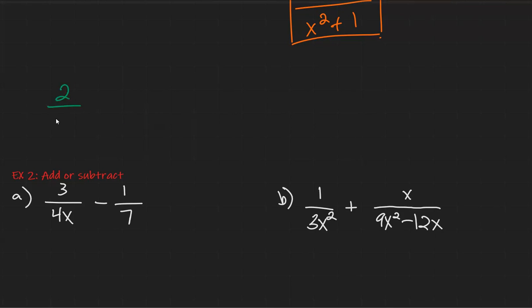Let's do 3/14 minus 1/10. Okay. So let's think about, okay, we need a common denominator here.